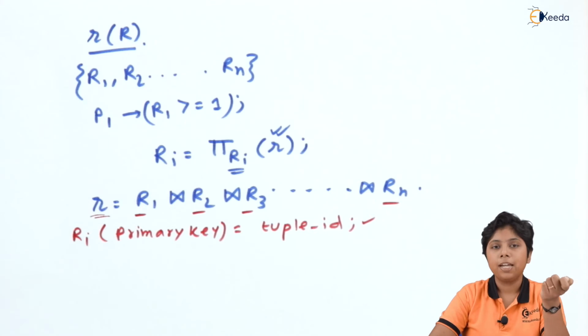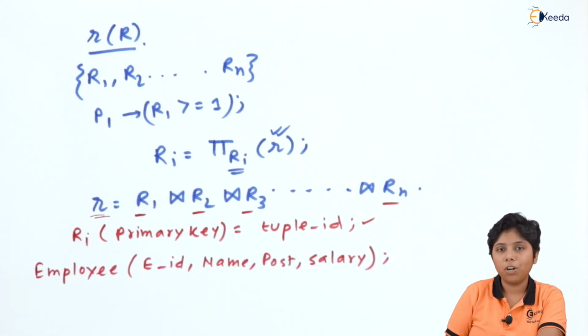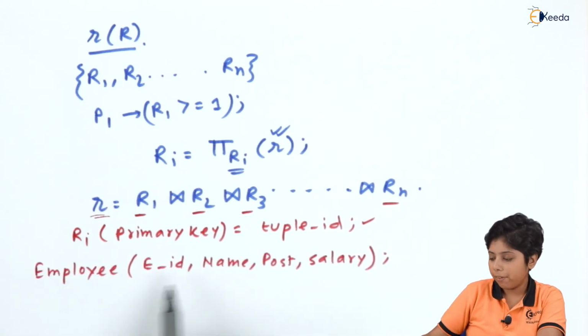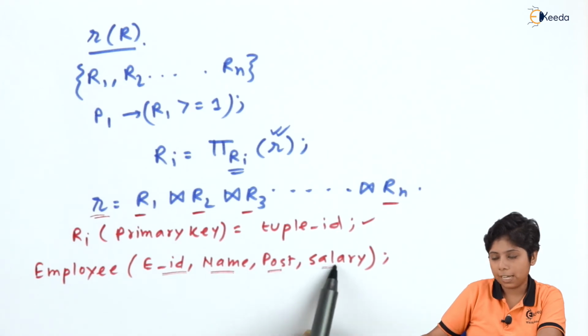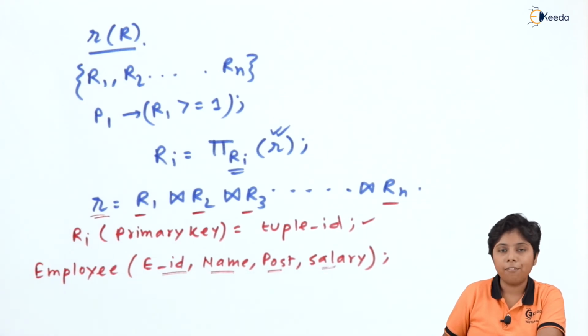Now if you look at this example, the employee has EID, name, post and salary. Now we can have its personal info and the business info divided into two relations.